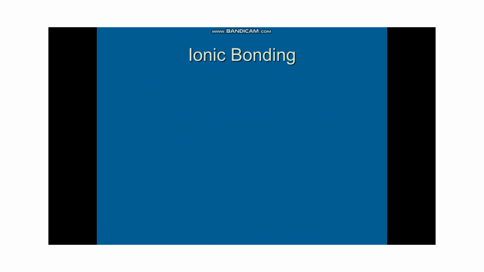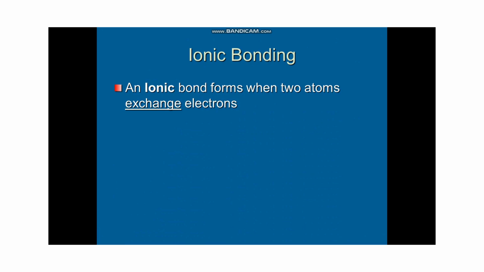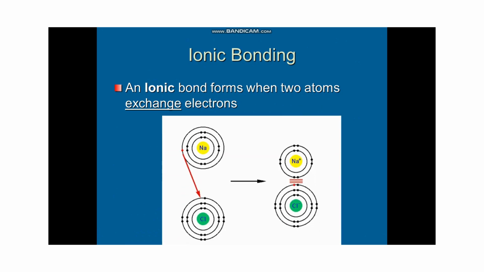So what is an ionic bond? As we discussed in the class, you remember that when we said that the electron is completely transferred to the next atom. Metals give their electrons and become cations, right?